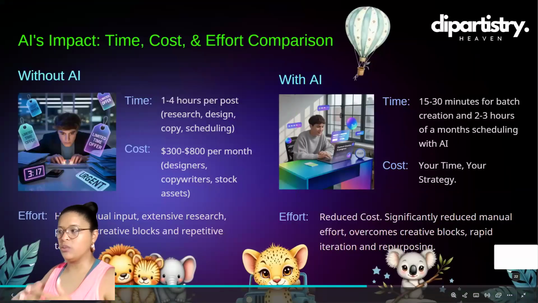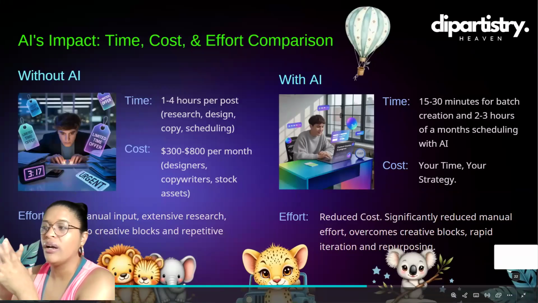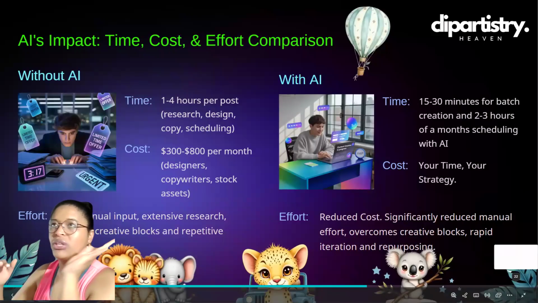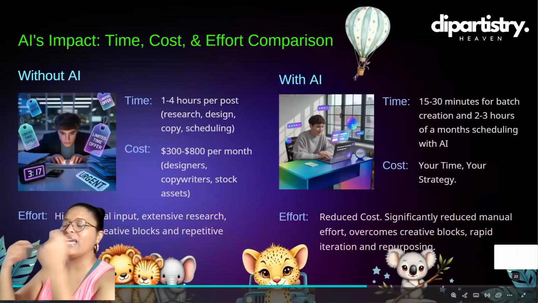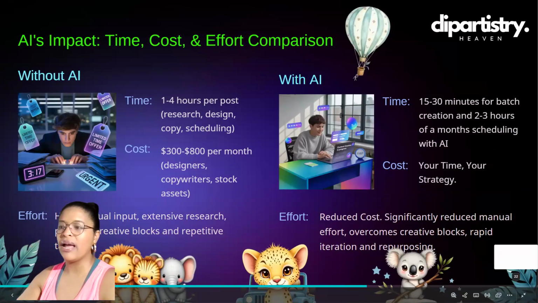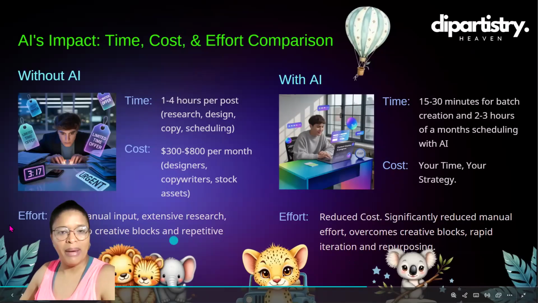My point here, without keeping you too long in terms of this slide, is that without AI, it takes a lot longer. Try and be more AI concentrated, because what will take me longer with Canva, when I do it on my own and I'm not a graphic designer, I can do it quite a bit faster with ChatGPT. It also saves me time. You can get a graphic designer or a social media manager to do this for you at X amount a month.